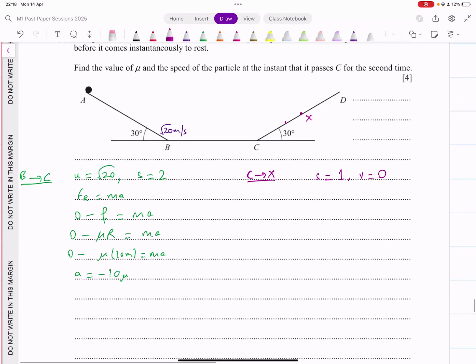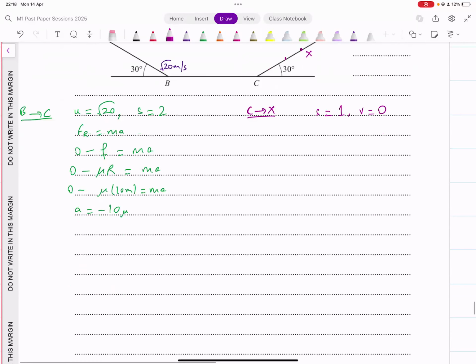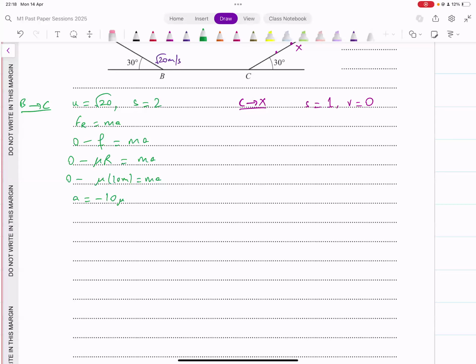Okay, now from the B to C part of the journey, let's just see what information we already have. Let's try to find final velocity in terms of mu and see what that turns out to be. Then we can use that there. V squared equals U squared plus 2AS.